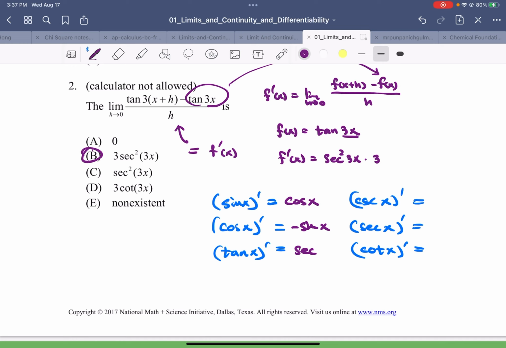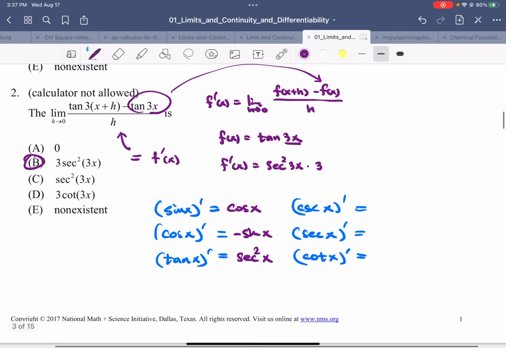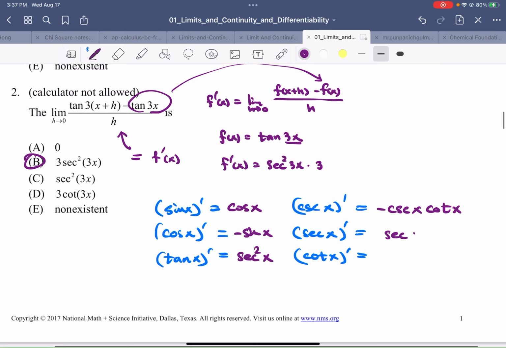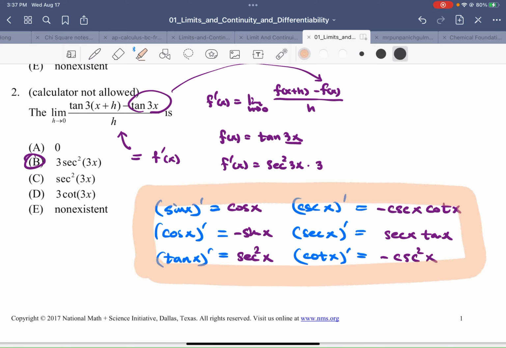We use that one in here. The derivative of cosecant x is negative cosecant x cotangent x. The derivative of secant is secant tangent. And the derivative of cotangent is negative cosecant squared x. Okay, so those 6 basic trig function derivatives you've got to memorize. Definitely you have to remember this.